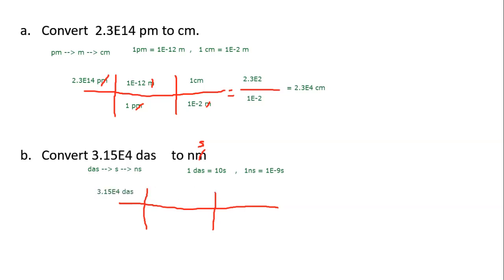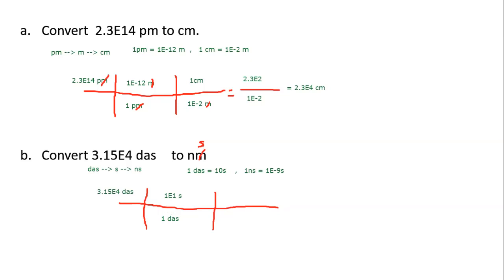Since we're starting with decaseconds, in our conversion factor of decaseconds to seconds, the decasecond goes on the bottom and seconds goes on top. And you can write 10 seconds in scientific notation as 1 e to the first seconds, or you can put 10, it's the same thing.